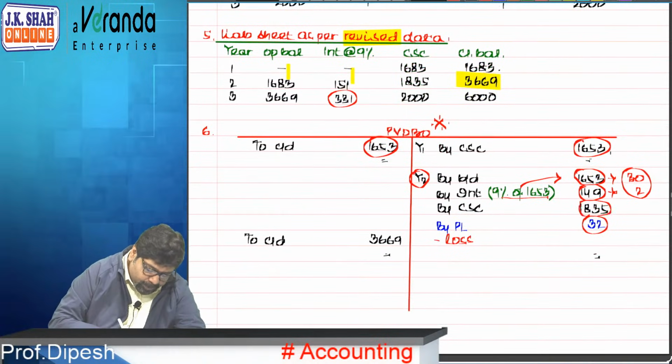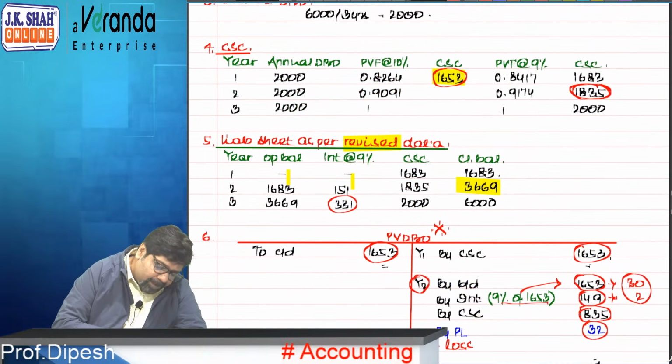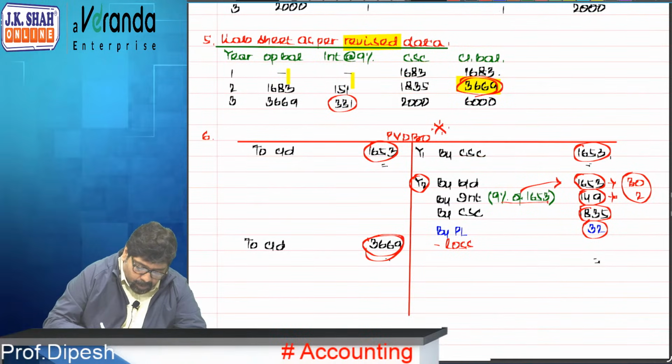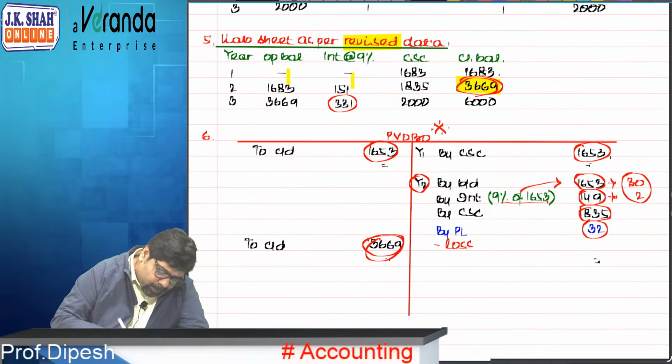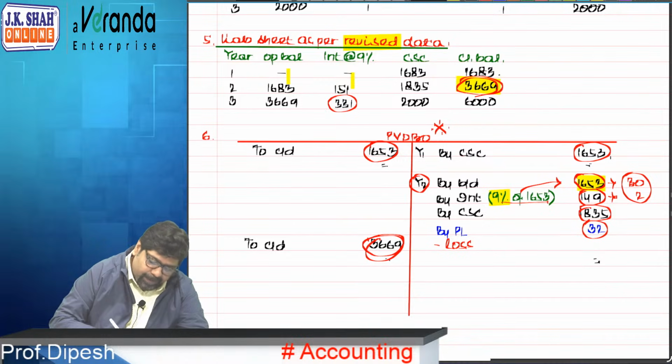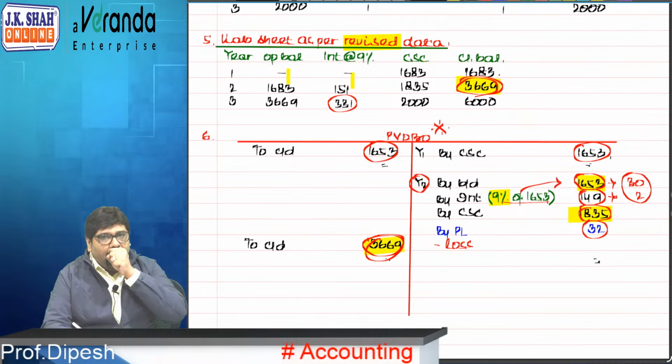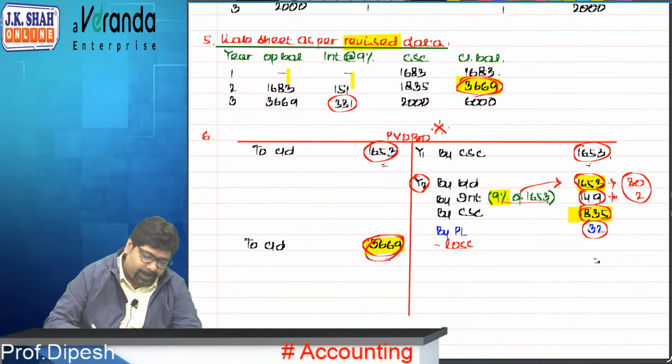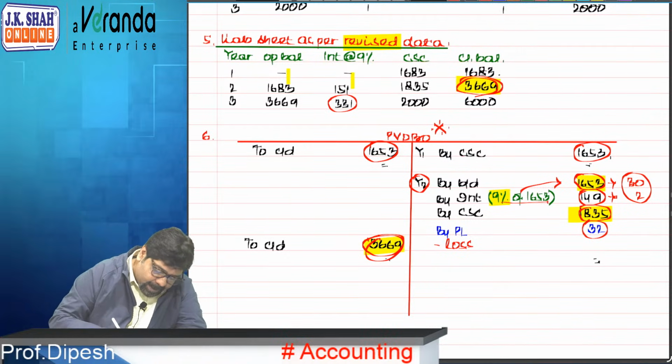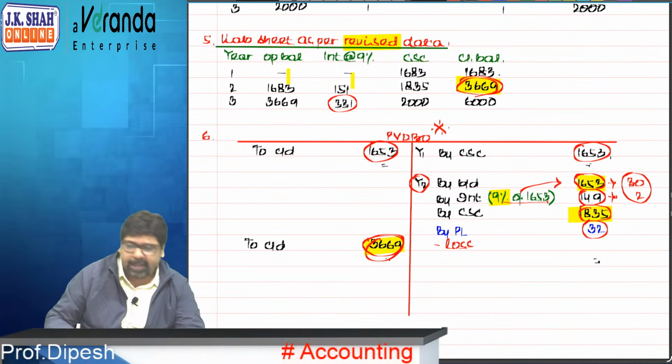So new. And your closing balance also has to be new. So this was old. Rate of interest new. You are saving new. Your closing balance new. It will not match. And the difference will be transferred to actuarial gain or loss.